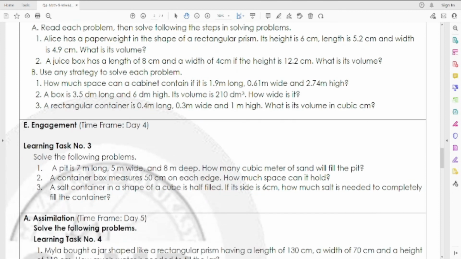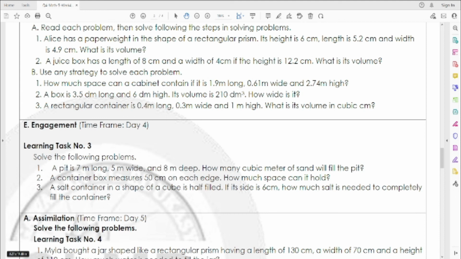For your learning task number 3, probably on your day 4, solve the following problem. I will read it for you. Number 1, a pit is 7 meter long, 5 meter wide, and 8 meter deep. How many cubic meter of sand will fill the pit?